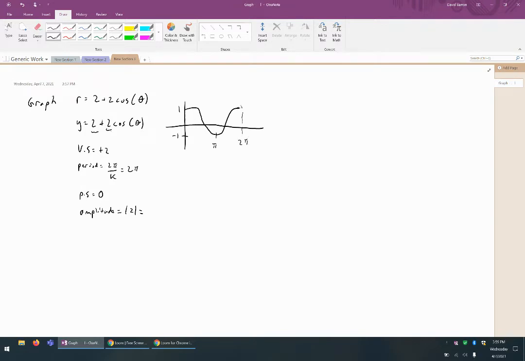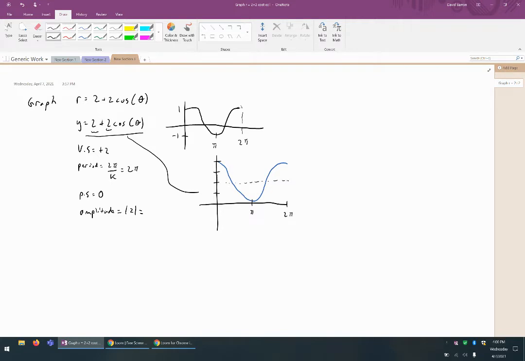So this graph in rectangular form is just going to be that moved up 2. So its center line is going to be here at 2, and at pi it'll bottom out, and go back up at 2 pi.